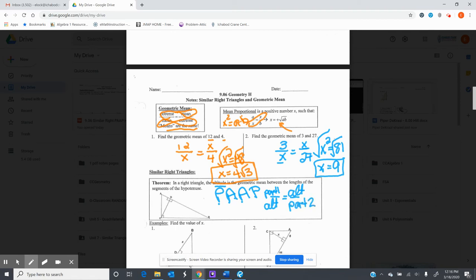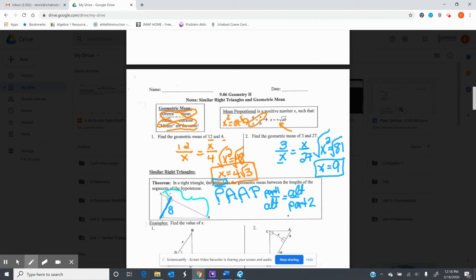So looking at the diagram here, the altitude rule, again, is used when we have an altitude or a measure next to the altitude CD. So if I put, let's say, an 8 here, I tell you the altitude measure here is 8. And the whole hypotenuse measure is what we're looking for.